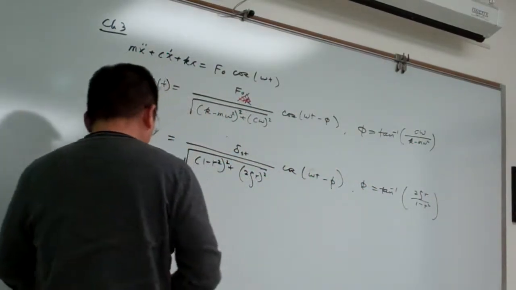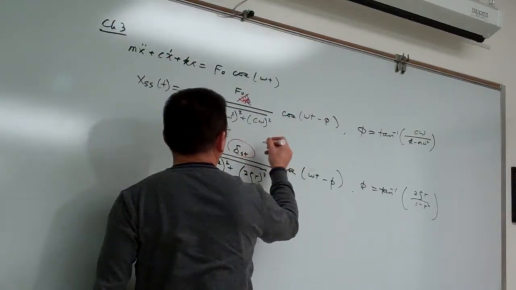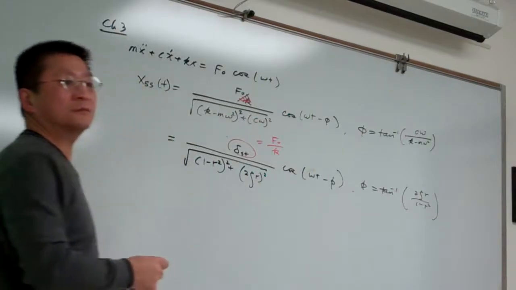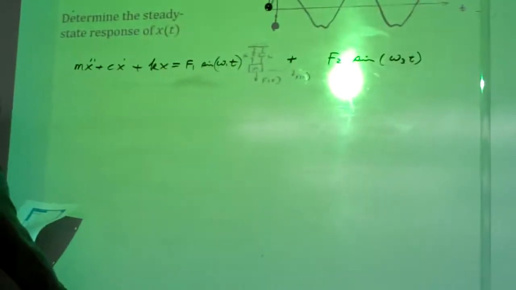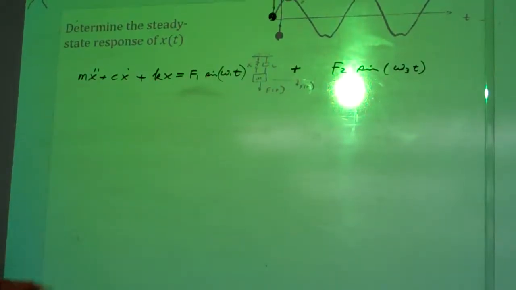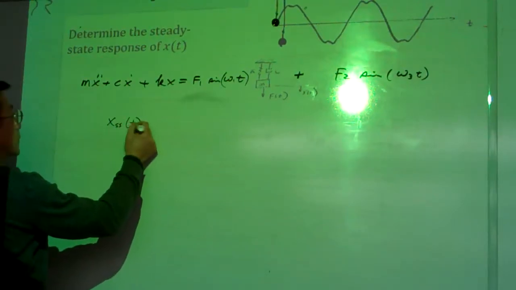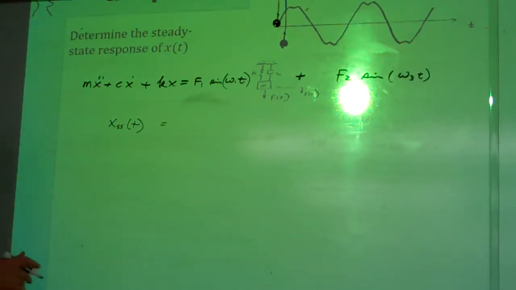Okay, if you like to use this one, then by definition this delta st equals F0 divided by k. Either one will be okay. So from here, you can see our steady state response will be, again, using decomposition and superposition.